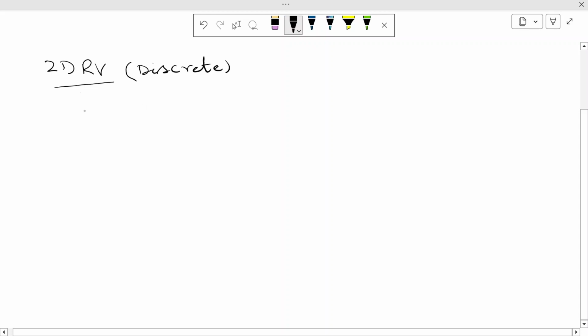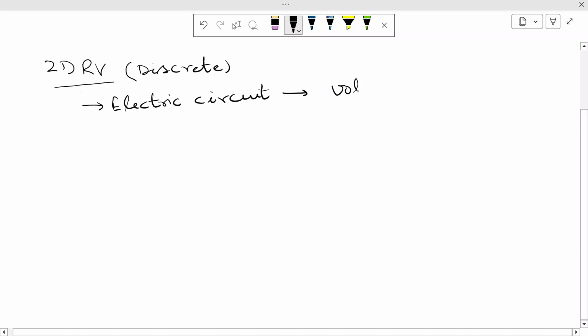In some experiments we have to deal with two pieces of information at a time, like in the case of an electric circuit. Suppose you are dealing with an electric circuit, then we have two pieces of information.